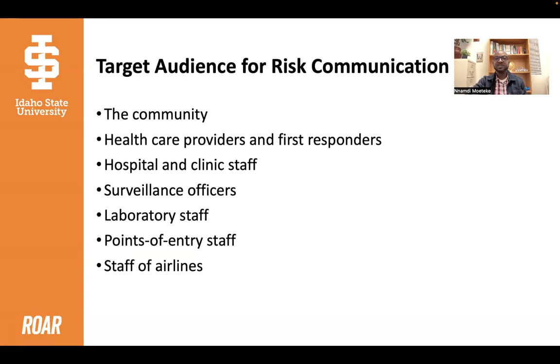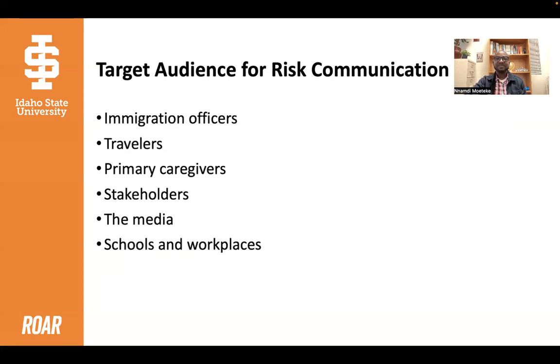Our target audience also includes healthcare providers and first responders, hospital and clinic staff, surveillance officers, laboratory staff, points of entry staff, airline staff, and immigration officers, travelers, primary caregivers, stakeholders, including policy makers, departments of health, maternal and child health organizations, community organizations, and so on.